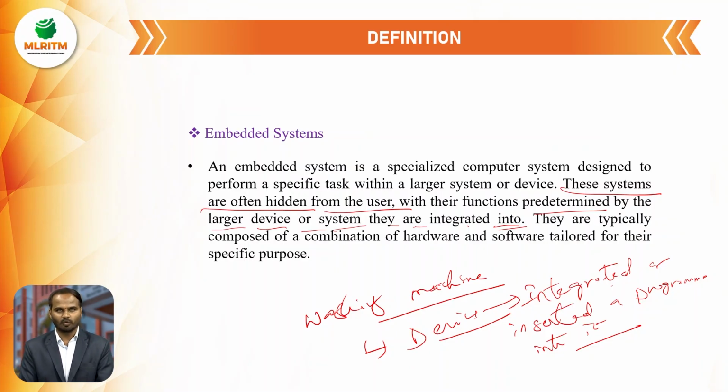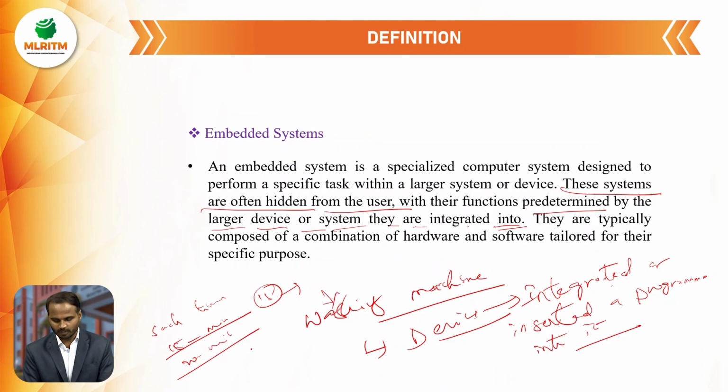We put the clothes into the washing machine, and we set some time, like 15 minutes, 20 minutes. We have already programmed it: after the cloth wash, after 15 minutes, the washing machine stops working.